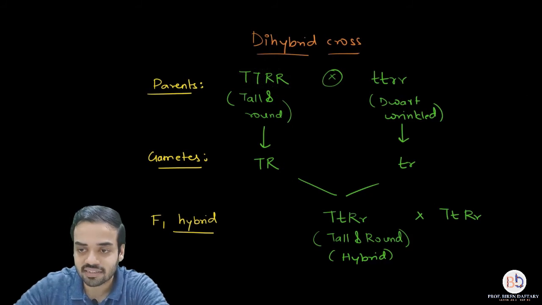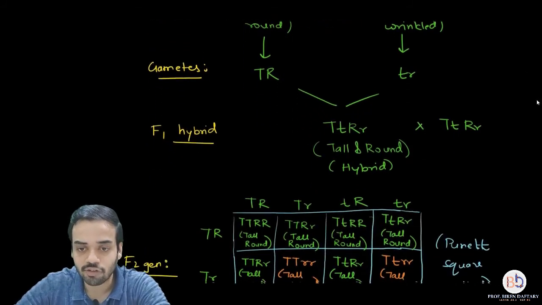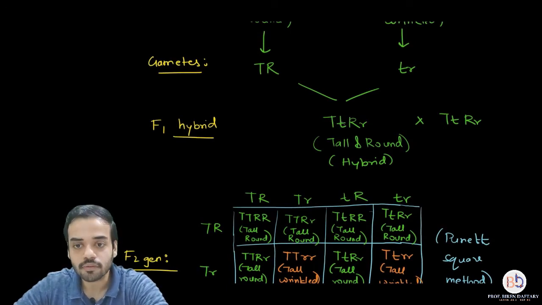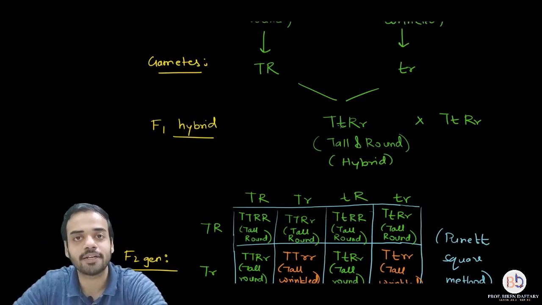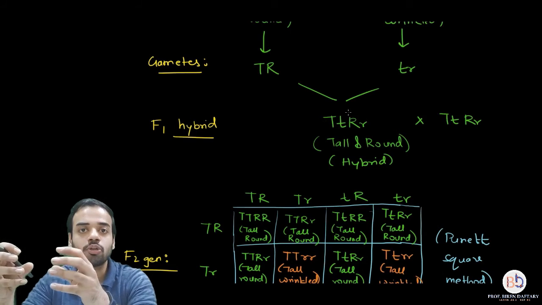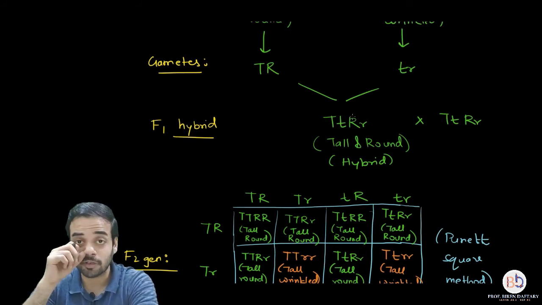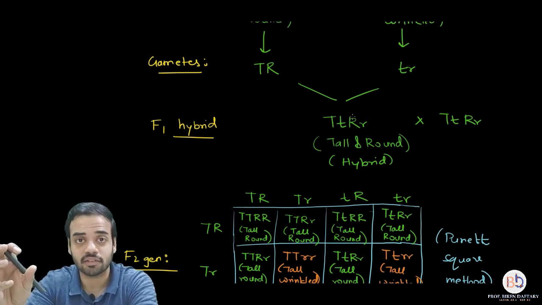So what is this exactly telling you? When we get this hybrid which is tall and round, the alleles which are present in the tall character, that is small t and capital T, they are not going to influence the capital R and small r, which are basically responsible for the round shape of the seed character.